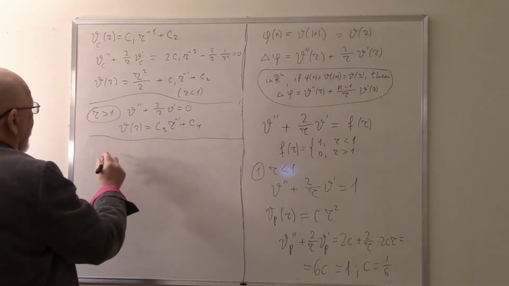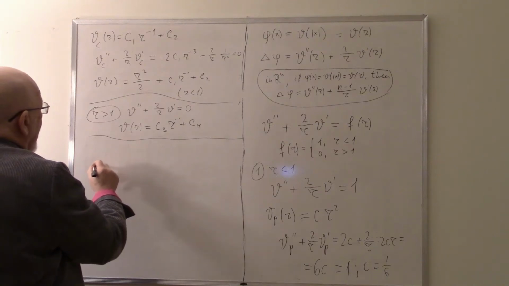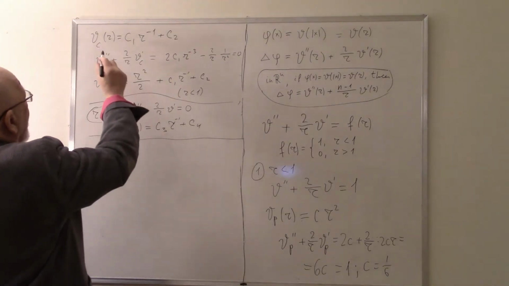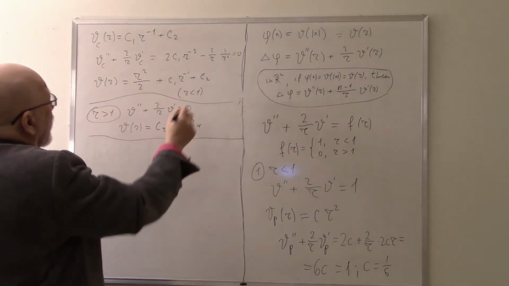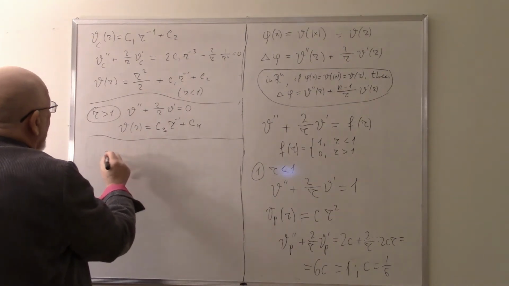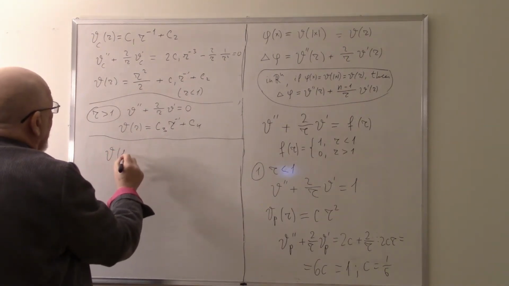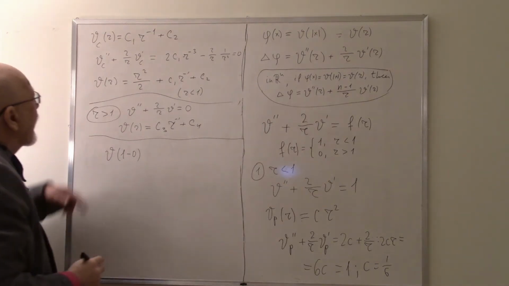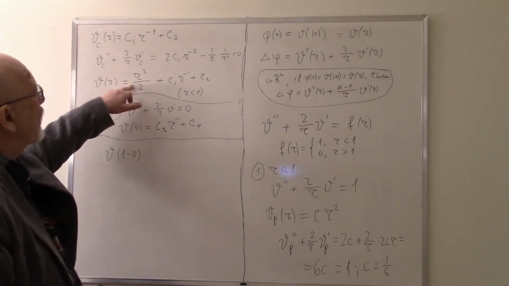If you consider the value of the solution from the point 1 minus 0, I mean I take this solution and substitute 1 here.